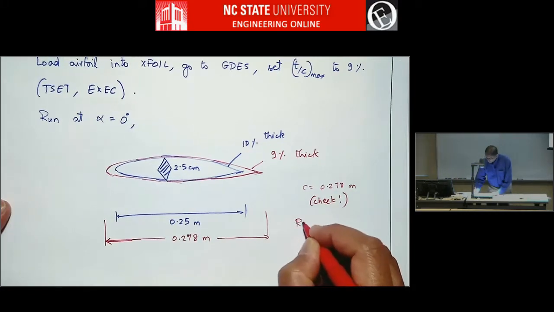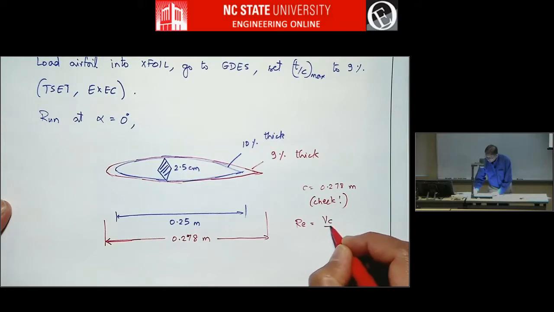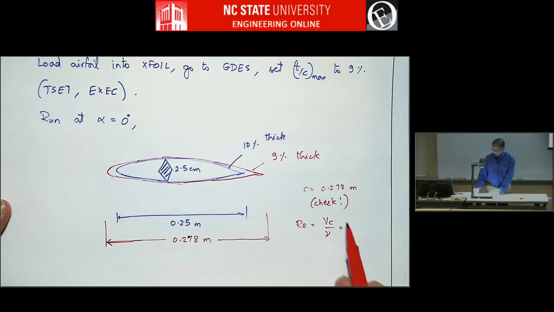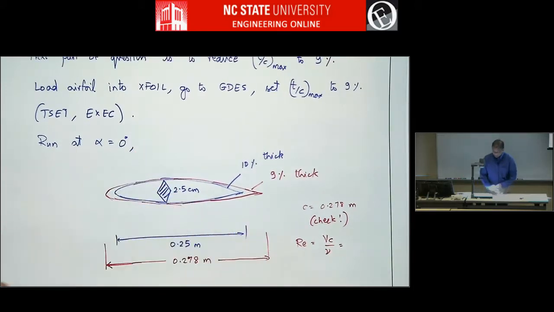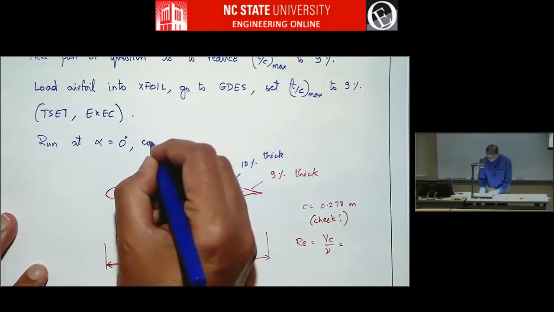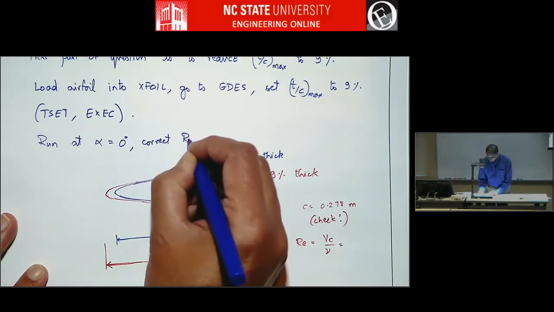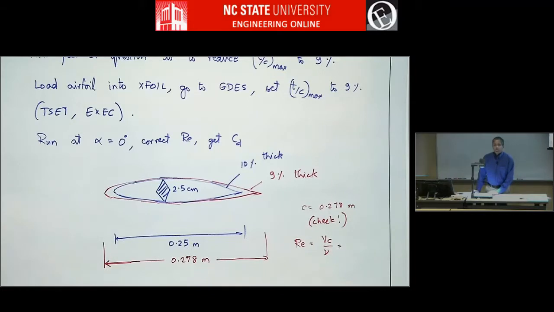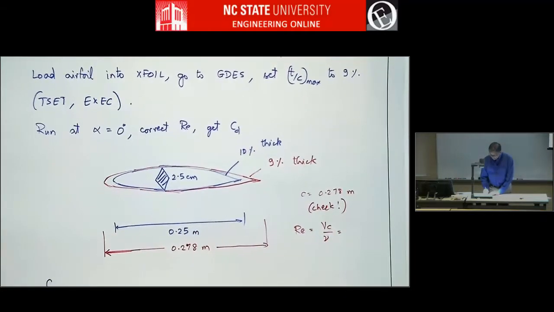Reynolds number is VC over nu. So that will be whatever it is with the new chord. And so that's the Reynolds number you have to run it at. And now you'll get a CD. Now calculate drag per unit span.